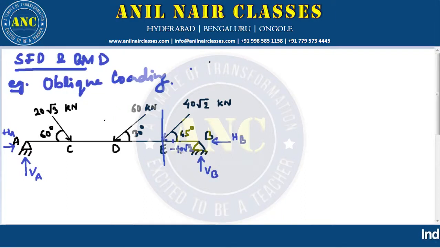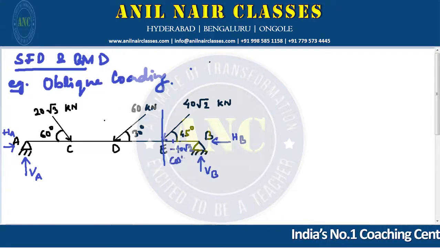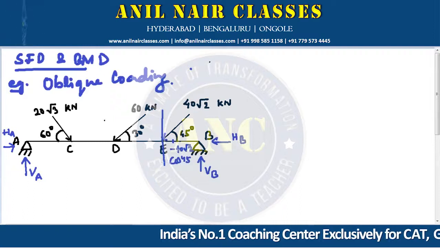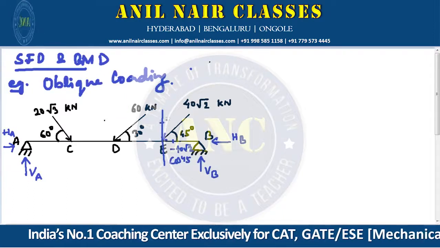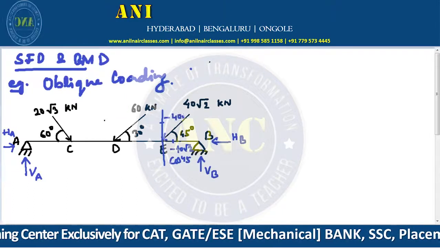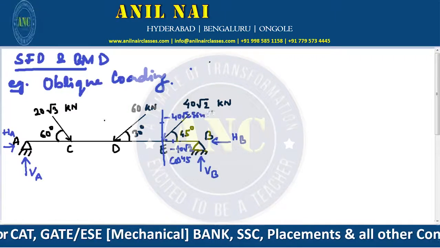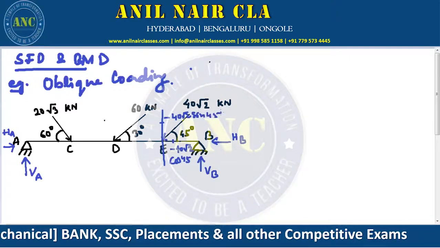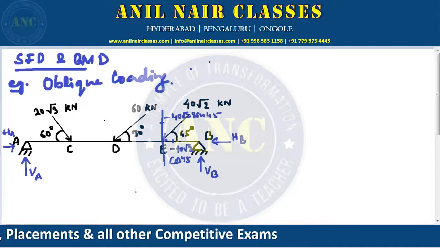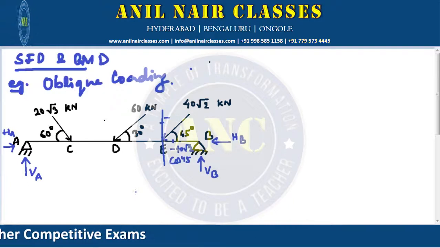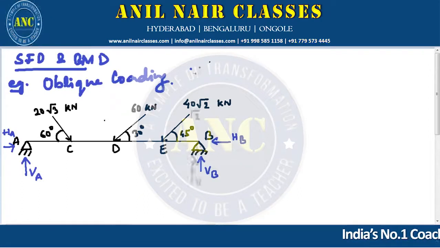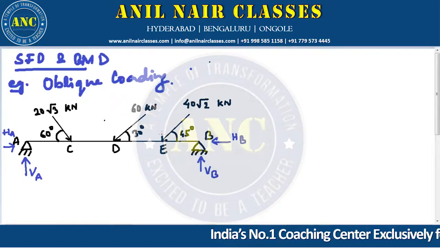So minus 40 root 2 cos 45, and this will be minus 40 root 2 sine 45, correct or not? What I am doing is, I'll explain again. For those whose force components are not clear, I'll take another diagram.